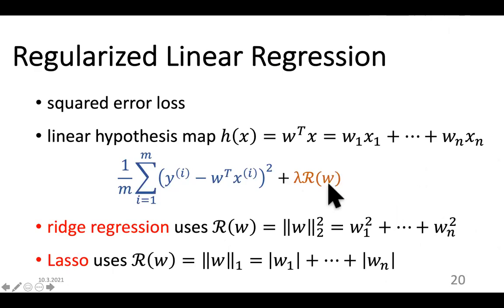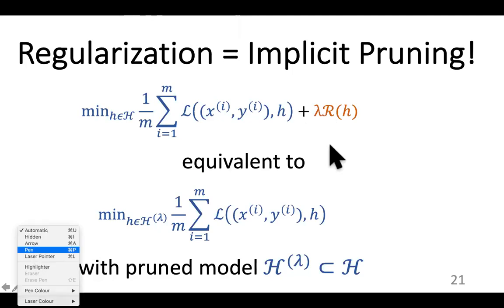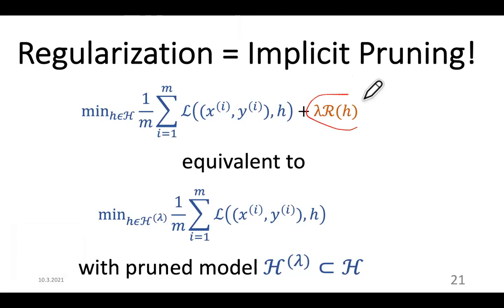But so far, this regularization term doesn't involve any data points. This regularization term typically does not depend on the data. This regularization term only depends on the hypothesis. There are no data points used for this regularization term.